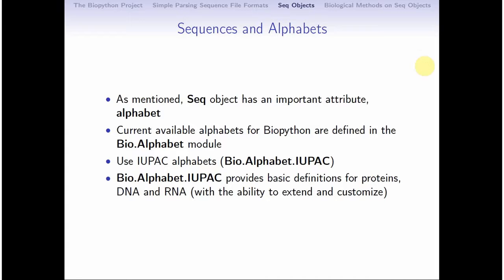Basically, it's just to give a category to your sequence. Is your sequence a DNA? Is it an RNA? Is it a protein sequence? So when you give a category, next time when you do the reverse complement and so on, it will be faster and will not have errors. They help you do it accordingly.